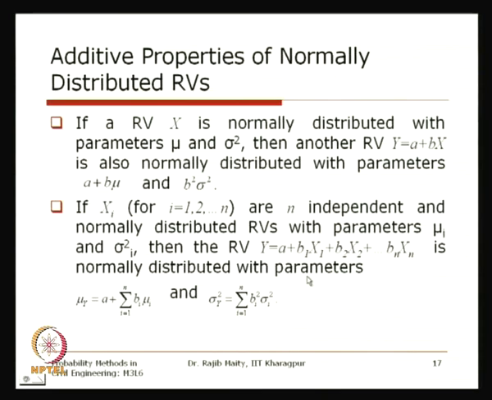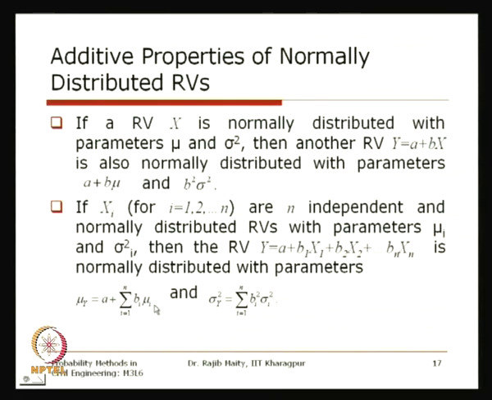Its parameters will be, we just put the individual means of these random variables to get the mean for this y, so mu y is equal to a plus summation of bi mu i. So, a plus b1 mu 1 plus b2 mu 2 etc.